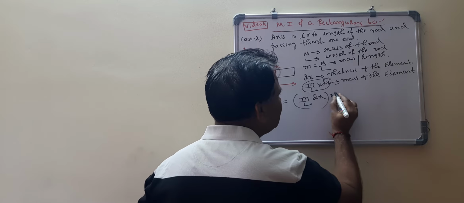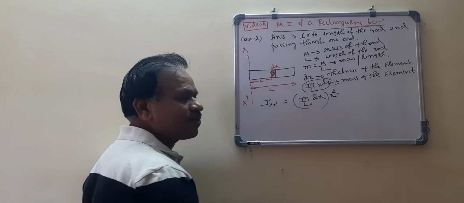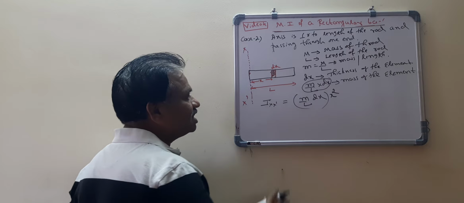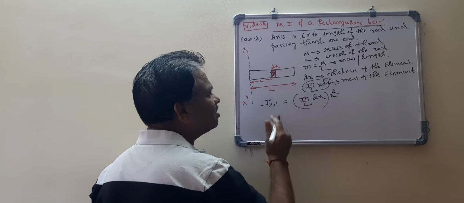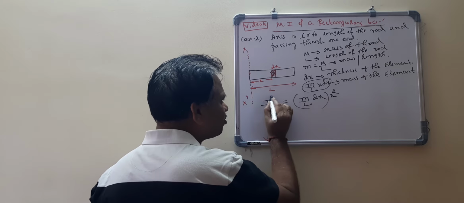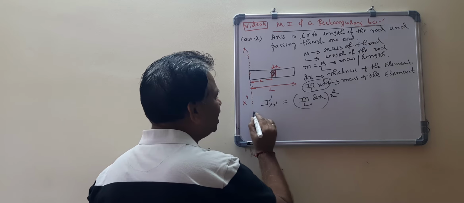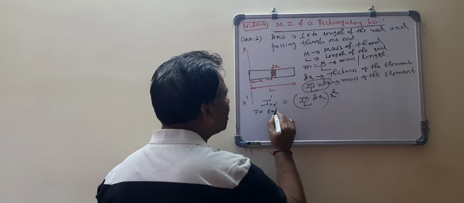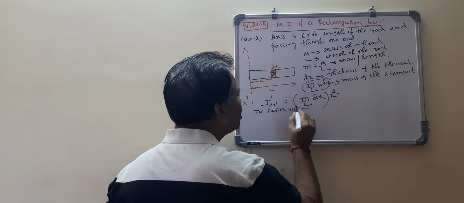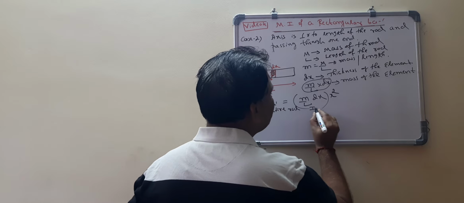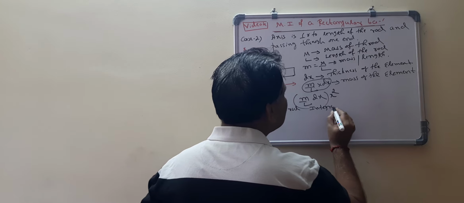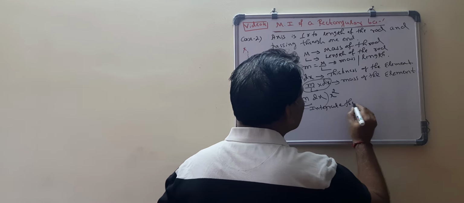What is the distance here? x square. But to calculate the moment of inertia for the entire rod, I will call it I dash. For the entire rod, integrate the above equation.